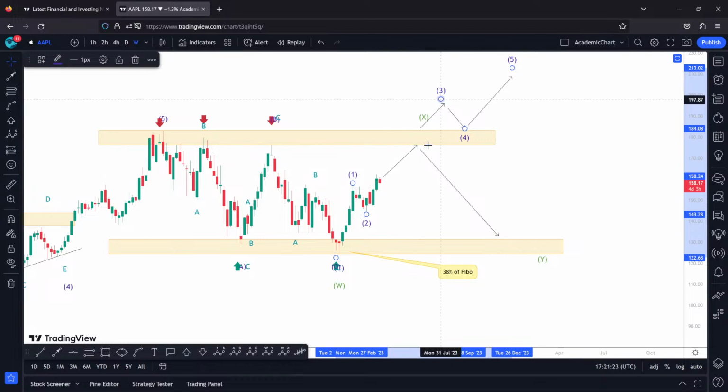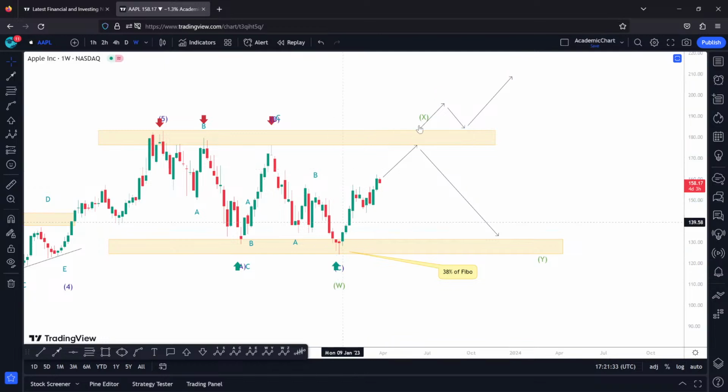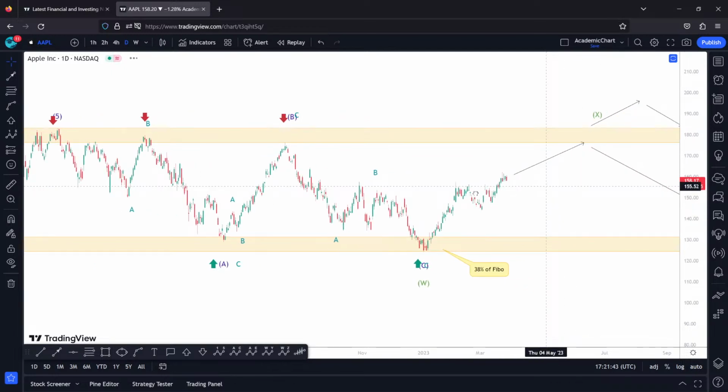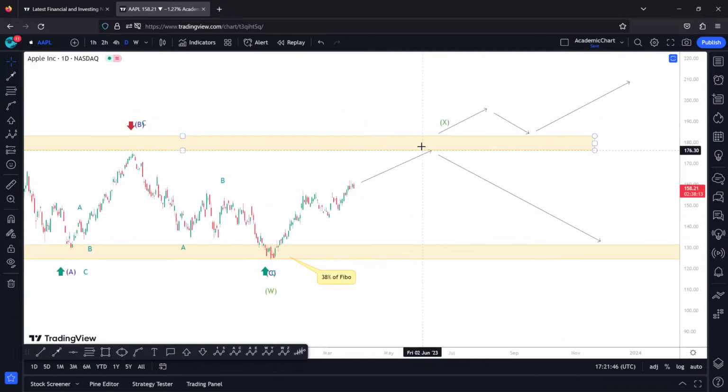So for which of these scenarios it is, a powerful impulsive wave, a slightly weaker impulsive wave, or even if it is not an impulsive wave, an ABC as X and a reversal, we really need to wait and see the price action up to this resistance zone, and see how price will react to it. Then we can have a better understanding of the long term.